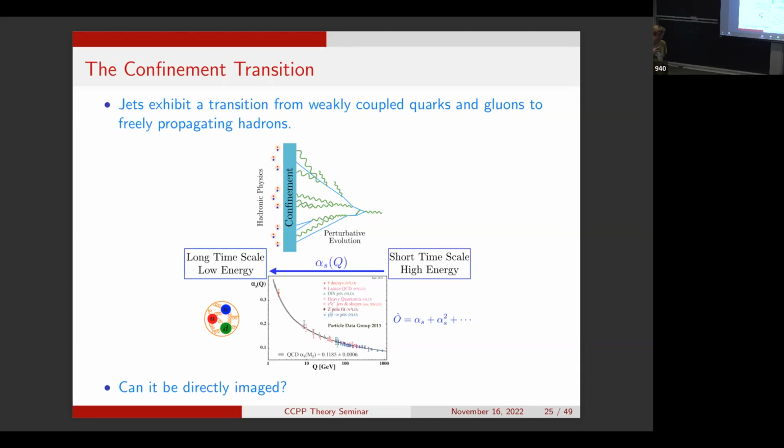And so, since these are looking at things as a function of the scale, you should be able to directly see this confinement transition when you measure these 2-point correlation functions.